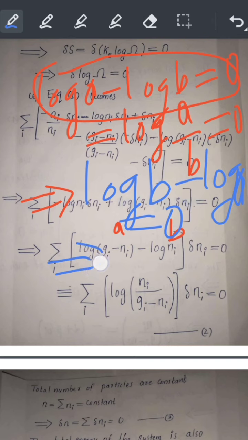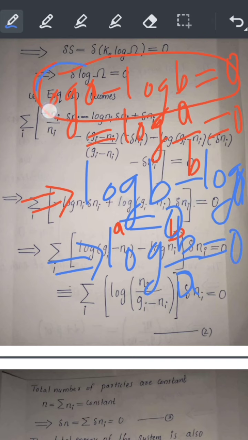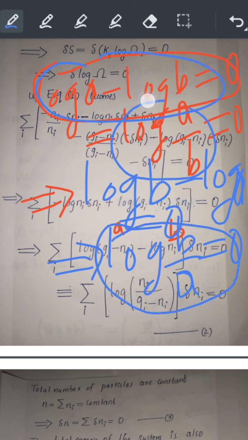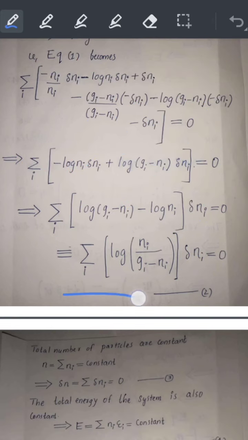That implies log b by a is equal to 0. So if it is 0 on the RHS, you can write log a minus b as log b by a instead of log a by b. That is what happened here. So now you have summation over i log ni over gi minus ni delta ni is equal to 0.